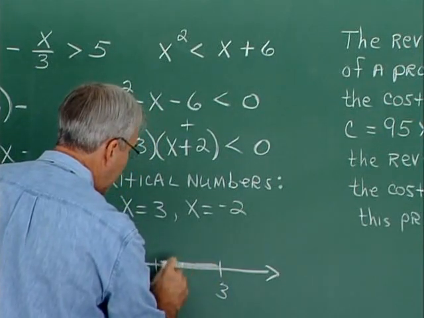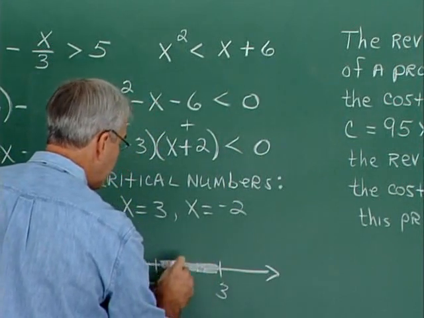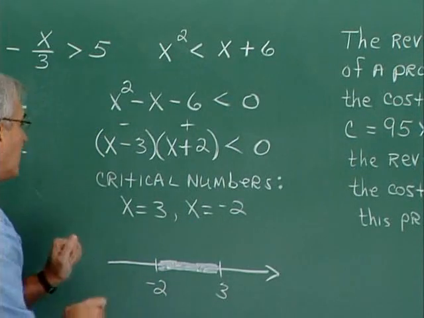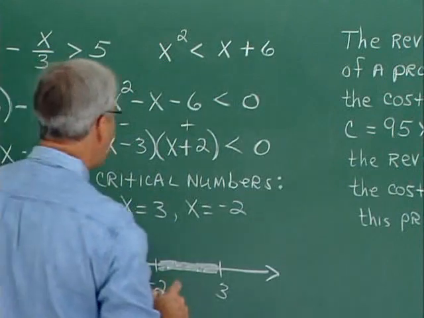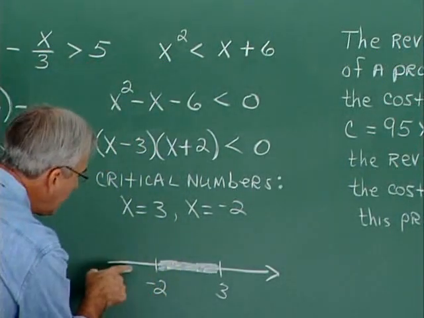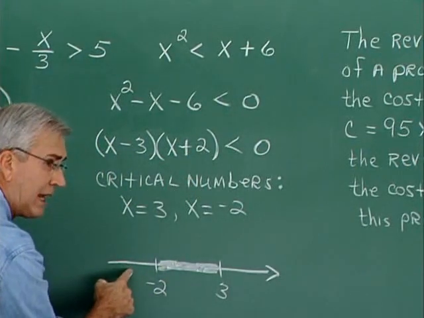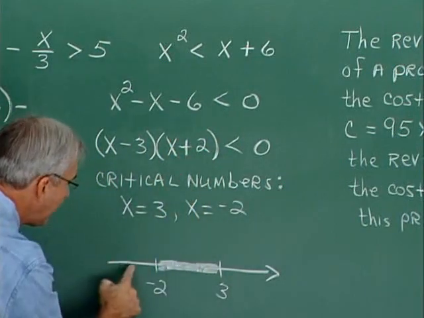Now, the critical numbers themselves are critical because they are the places on the number line where the sign of each factor will change. Think about marching along the number line. If we're out here to the left of negative 2, then this factor is going to be negative for all the values over here.